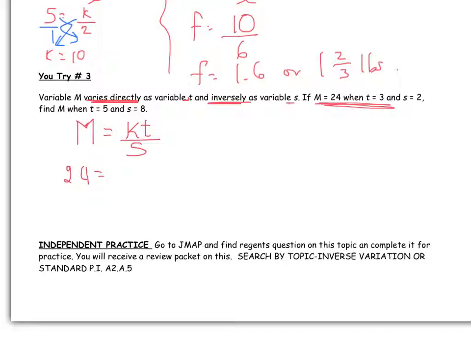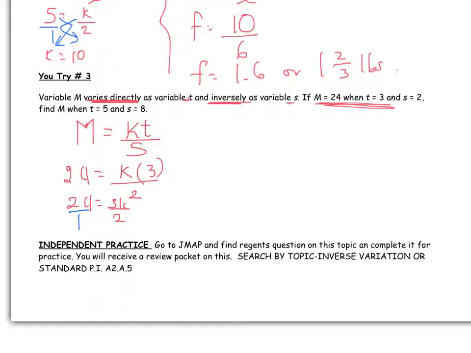So M is 24, K we don't know, T is 3 and S is 2. So 24 is equal to 3K over 2. We can cross multiply.